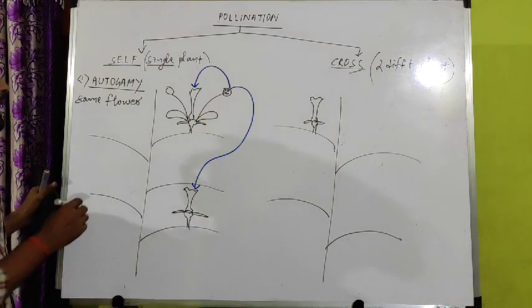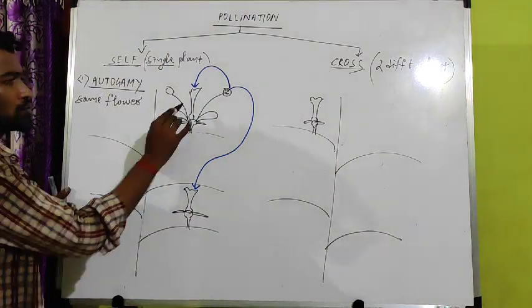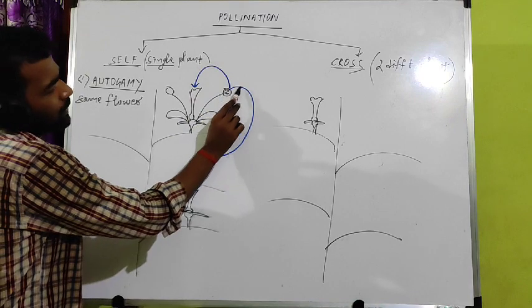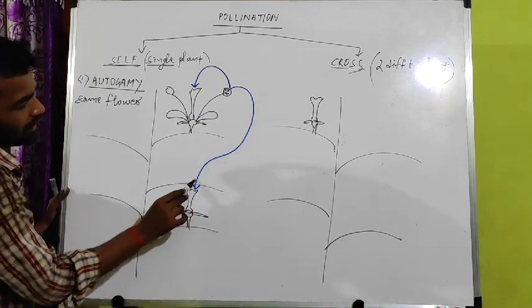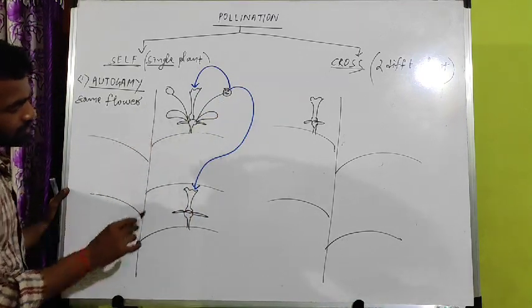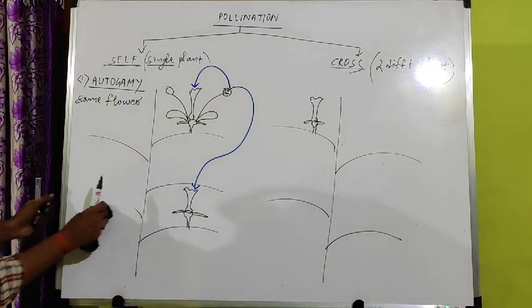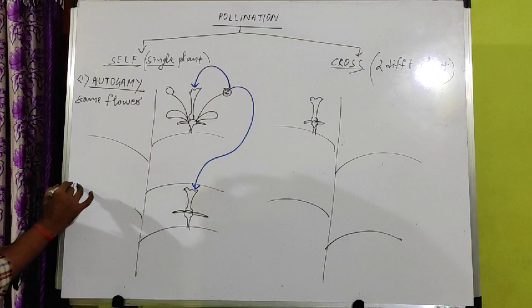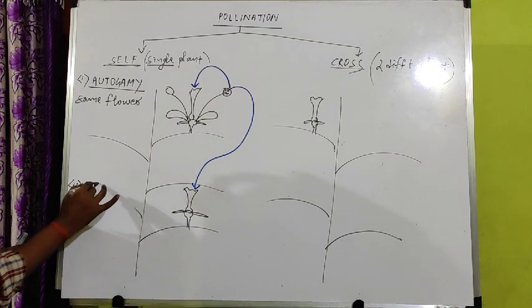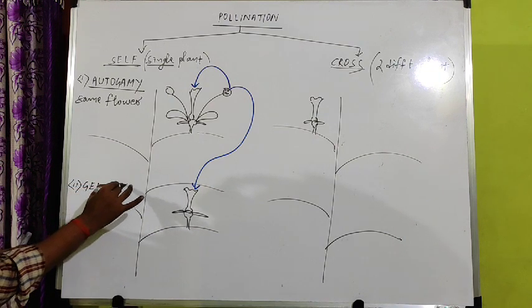But in the other type of self-pollination, what I have shown here, there is a transfer of pollen grain from anther to stigma of another flower, but born in the same plant. When it takes place between two different flowers but the same plant, this type of pollination is called zetonogamy.